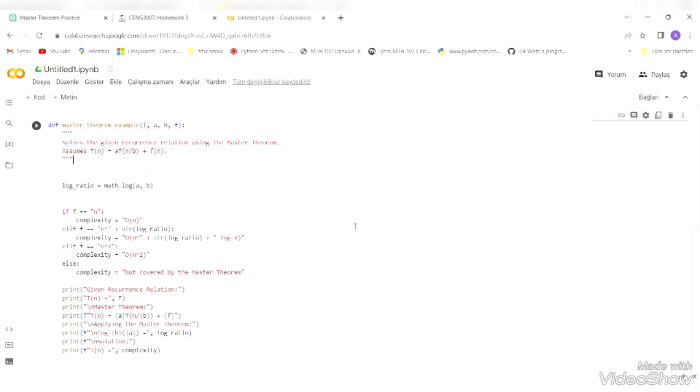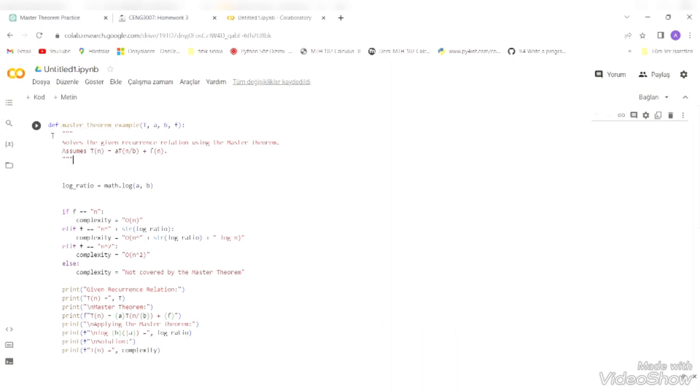We have the function, a master theorem example, that takes parameters T, the recurrence relation, and a, b, and f, representing the coefficients and function in the master theorem formula.